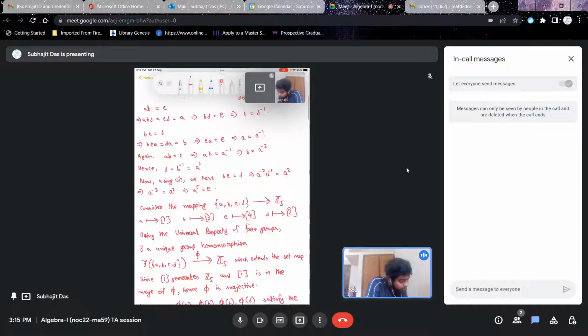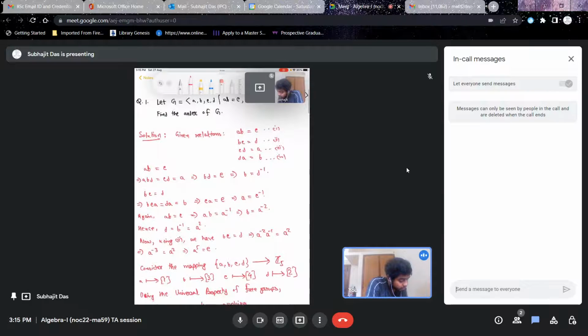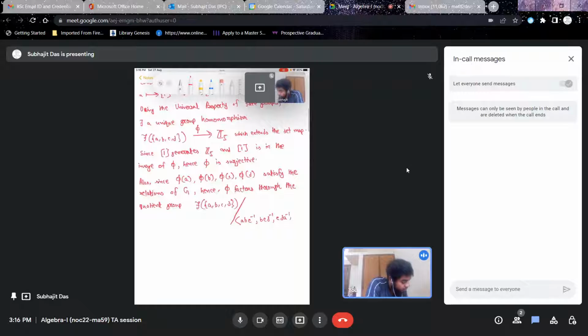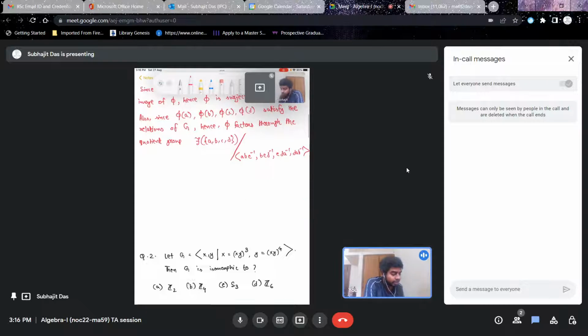And what else is there? C, D, A inverse, D, A, B inverse. Phi factors through this quotient, and this quotient is precisely your given group G, right? That is the definition of the presentation of a group, right?